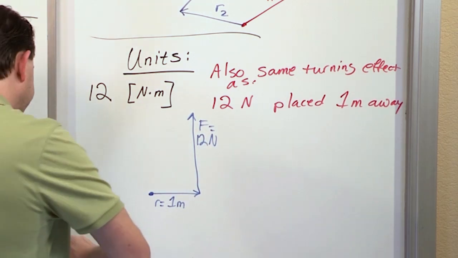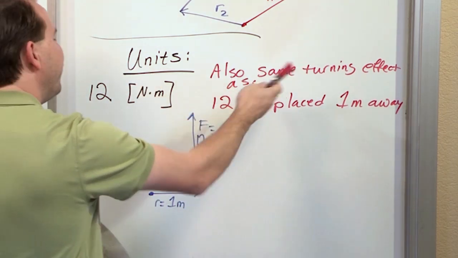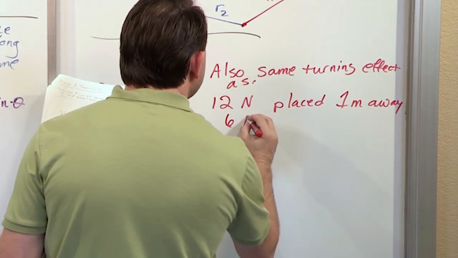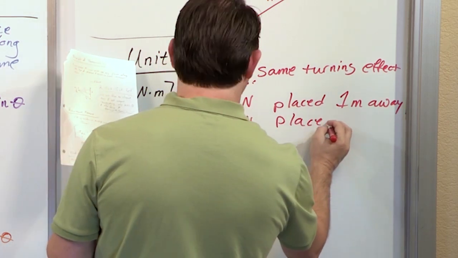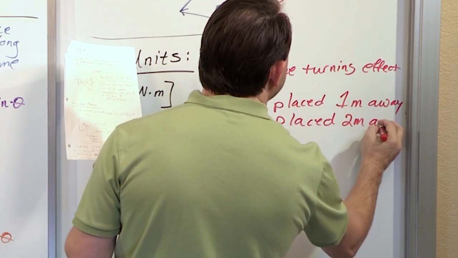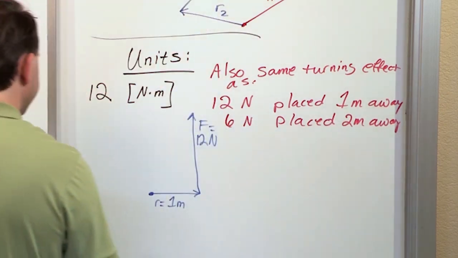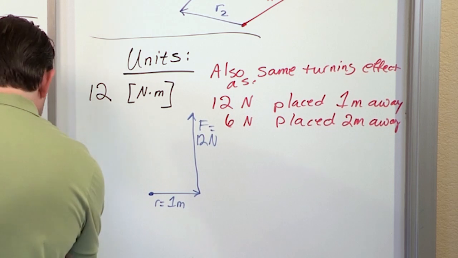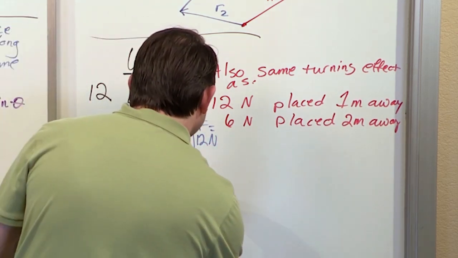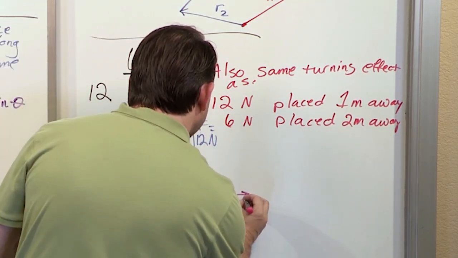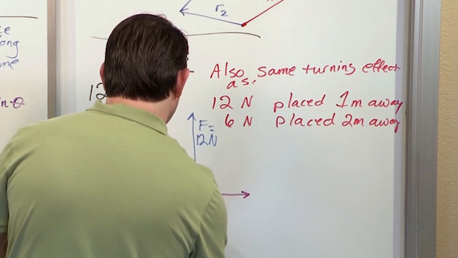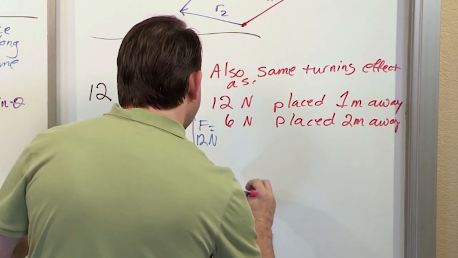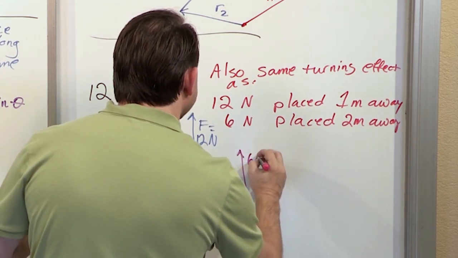But it's also the exact same turning force as 6 newtons placed 2 meters away. Make sure you understand that. So for instance, this turning force that comes about from this is exactly the same as going 2 meters and putting half of the force here, 6 newtons.